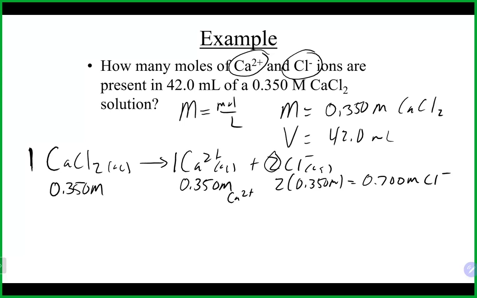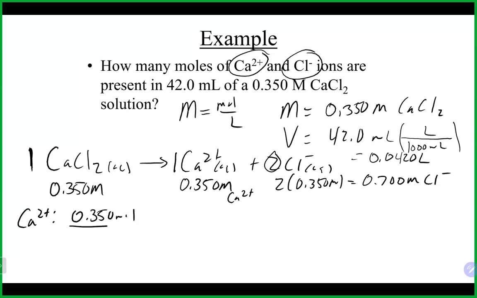Here I do need to convert, as we talked about: always when you're using molarity and volume, liters is what you need, so 0.0420 liters. I could rearrange it and use this as a conversion factor. For the calcium, I have 0.35 moles per liter of calcium.